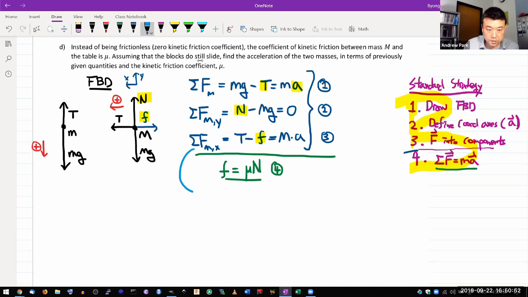So this equation with the substitution of equation 4 becomes tension minus mu N is equal to ma. Let me call this equation 3a. Then I guess I should be systematic. So now I have 1, 2, 3 equations with 3 unknowns.